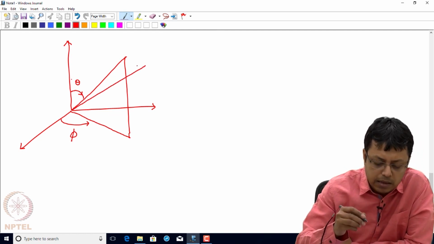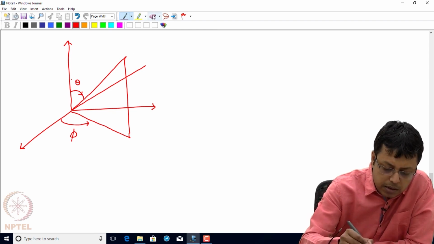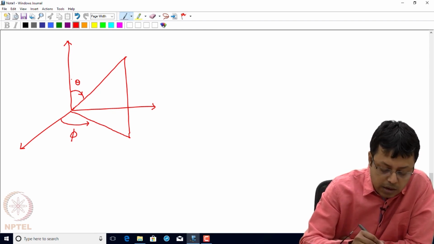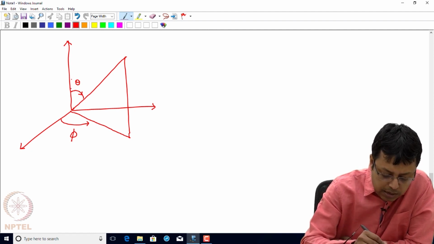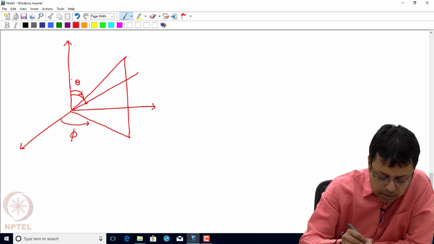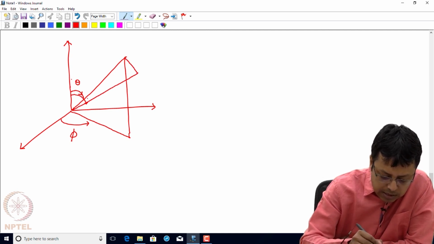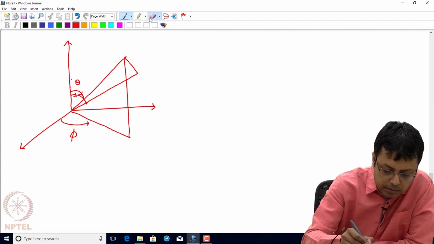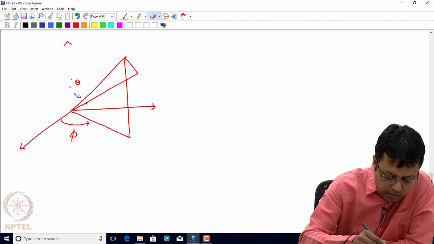Suppose molecules are coming from all different angles. How do I do that? I have to vary the angles. Suppose I change this theta to theta plus d theta. It's a small angular increment, and this small angle is d theta. Let me draw it more clearly.